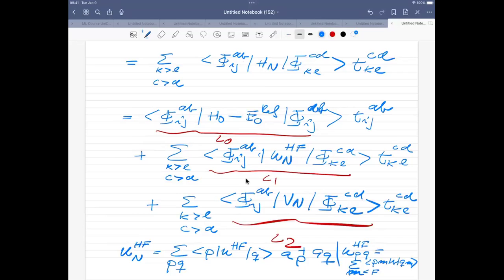And the way we would evaluate this is simply by setting up all the contractions. I'm just going to set up the contractions and then simply list the final expression which we are going to get.